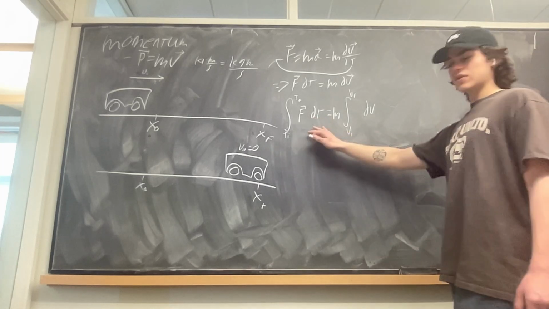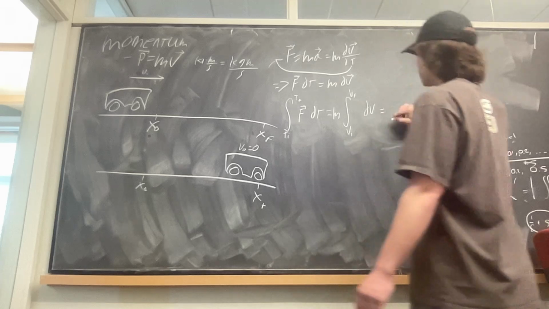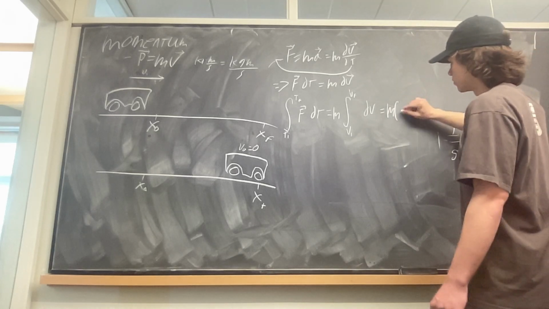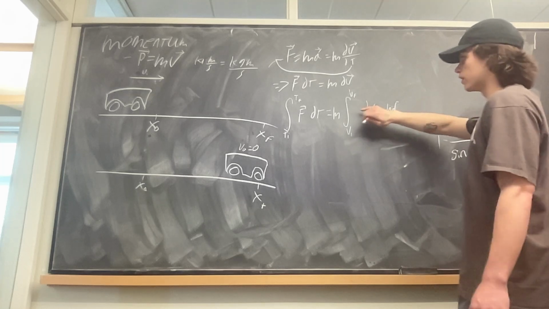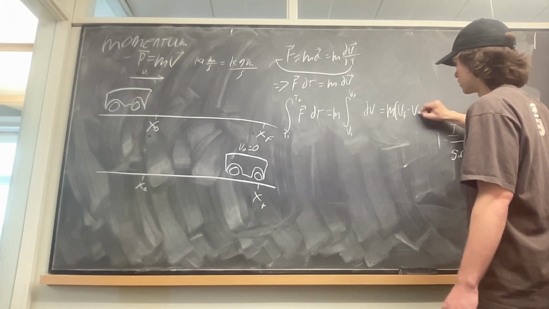Now, let's leave this alone for a second, and let's focus on this. We can rewrite this as m times, because there's nothing else in this integral, velocity final minus velocity initial.